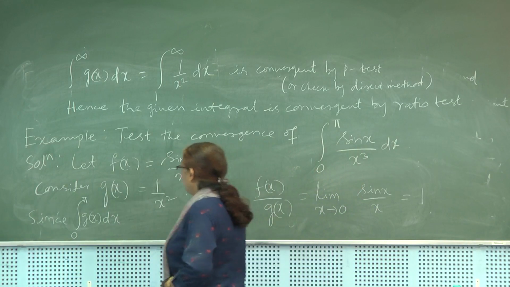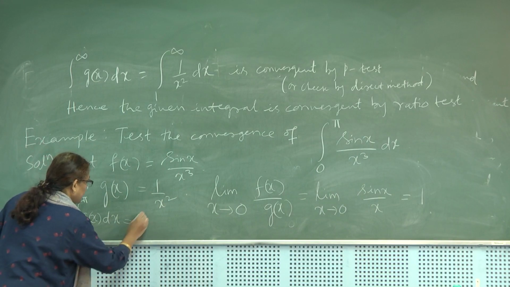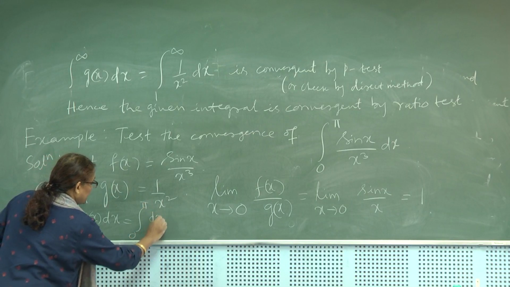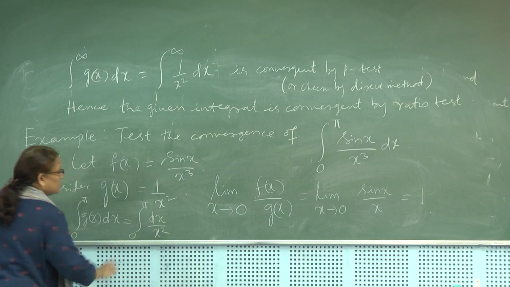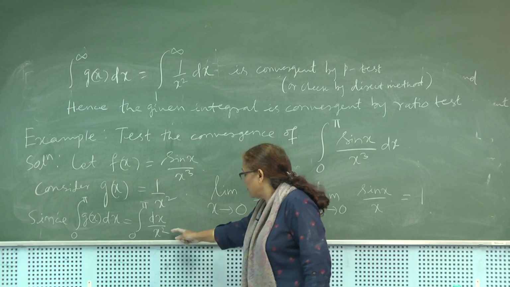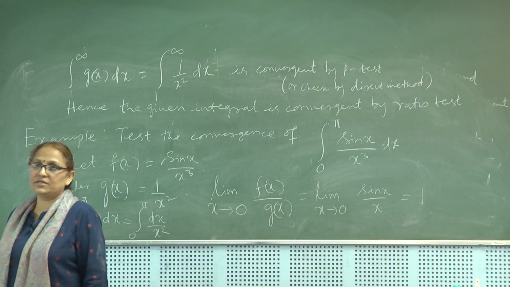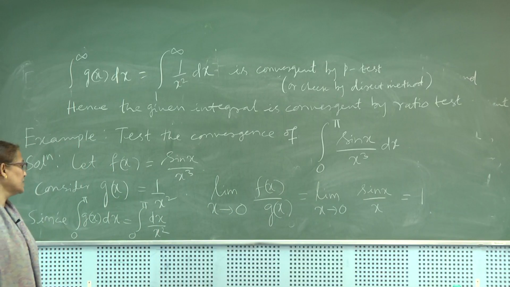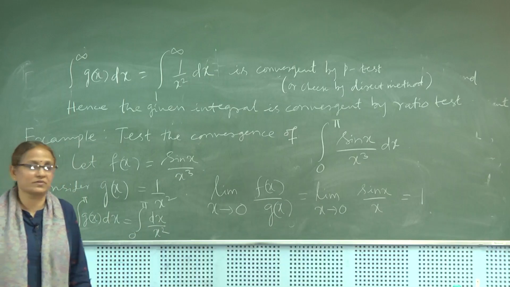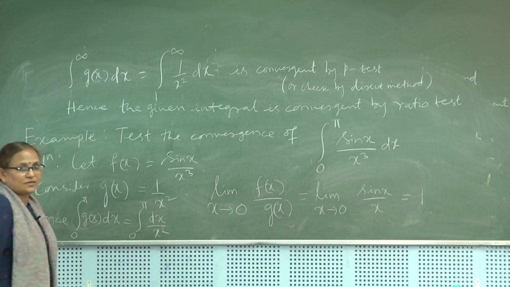So this is a type 2 improper integral, the integral from 0 to pi of dx by x square. Using the p test we can conclude directly whether this is convergent or divergent, or otherwise you can also use the definition of convergence and compute by the direct method. Suppose we consider the p test.